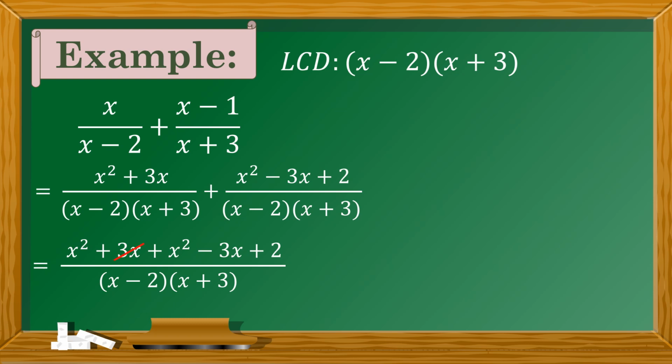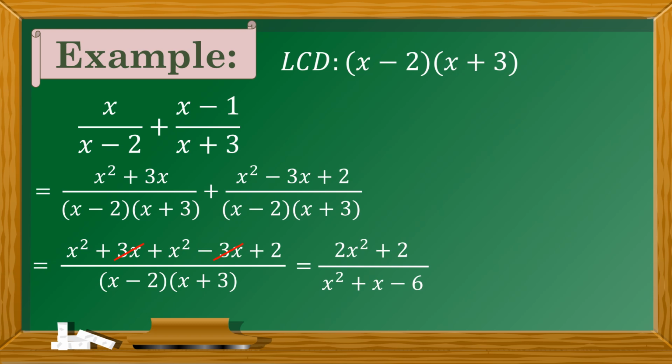So adding 3x and negative 3x, that will be equal to 0 since they have different signs. And then x squared plus x squared is 2x squared, and so that will be plus 2. So that will be 2x squared plus 2 all over. So we just simplify the LCD, which is x minus 2 times the quantity x plus 3.